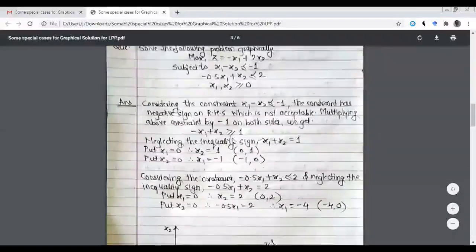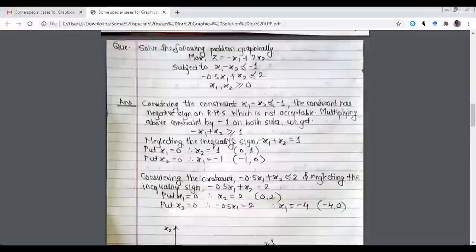This is also the change that has to be taken into consideration. Not only the minus sign, not only multiplication by -1 on both sides, even the inequality sign is to be made opposite. So the constraint that now gets formed is -x1 + x2 should be greater than or equal to 1.